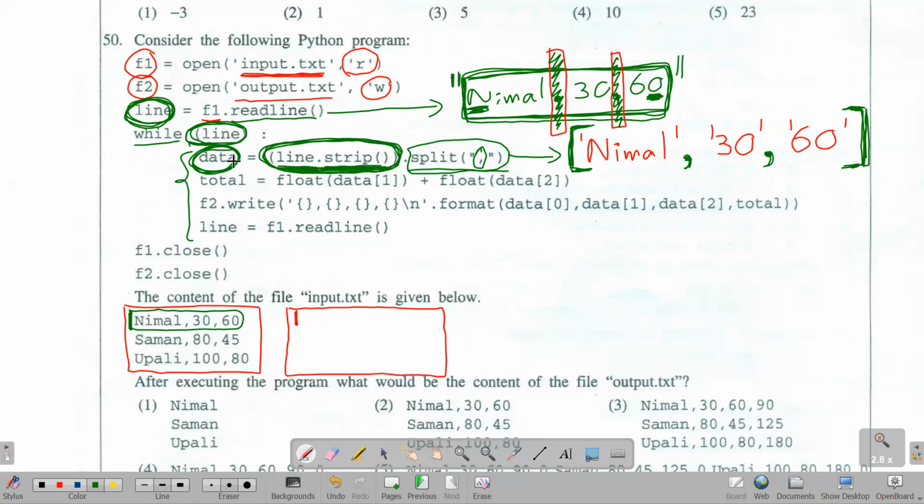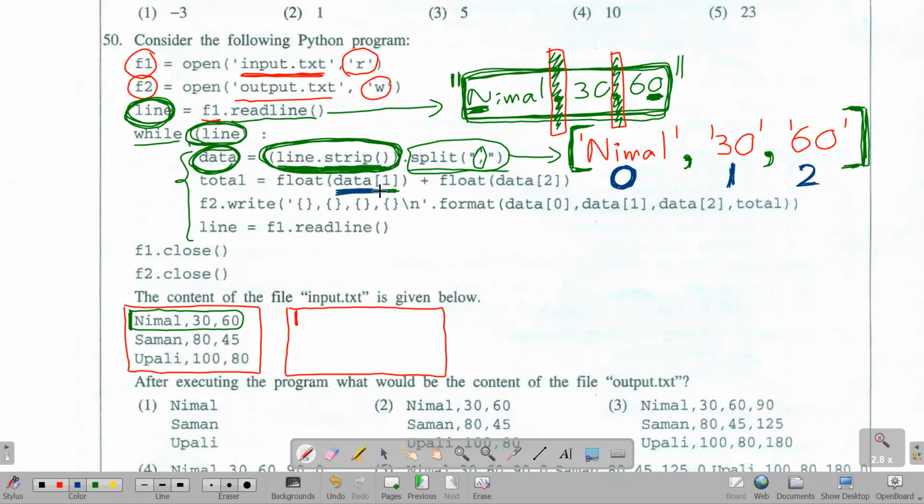So now it says, take the first index of the data. Now what is the first index? When it is a list, it is given certain indexes. This is 0, this is 1, and this is 2. So it is talking about take data 1, right?